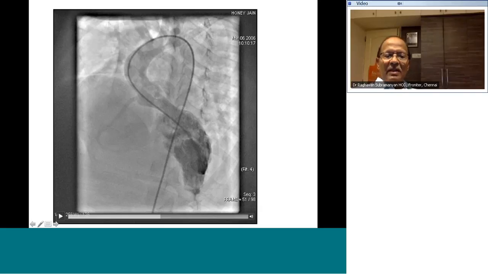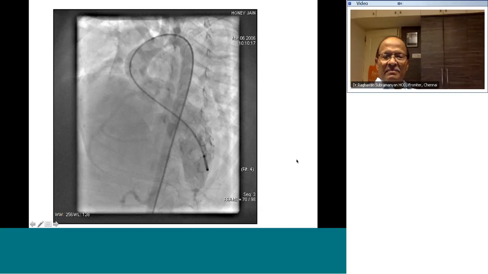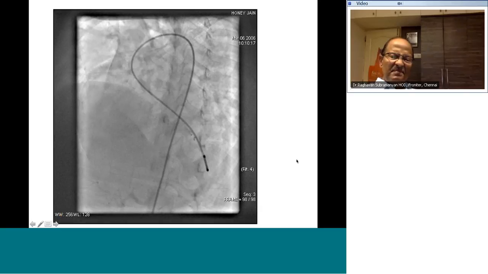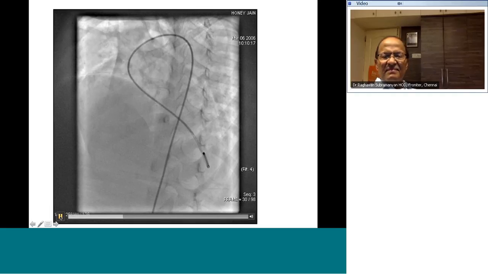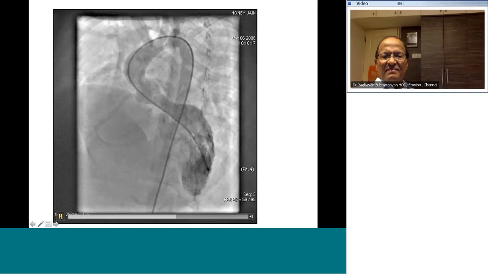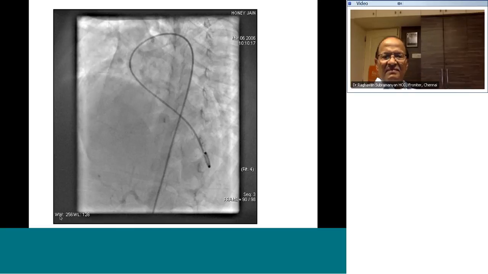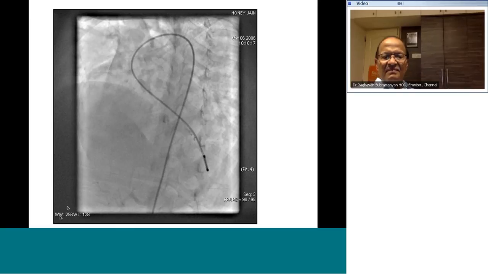Okay? So now I'll run this angio and tell me if it's a complete AV canal defect or an incomplete AV canal defect. Complete or incomplete?